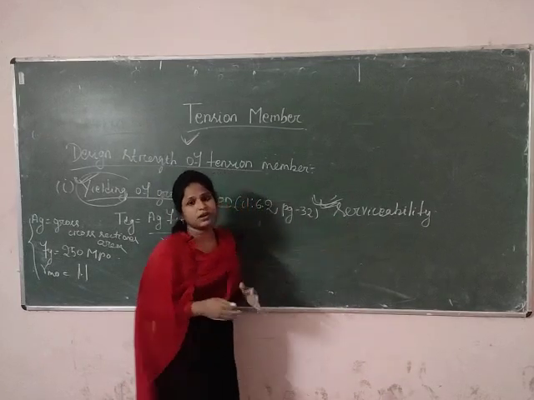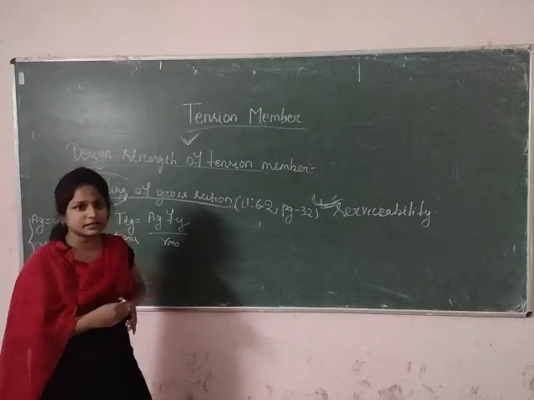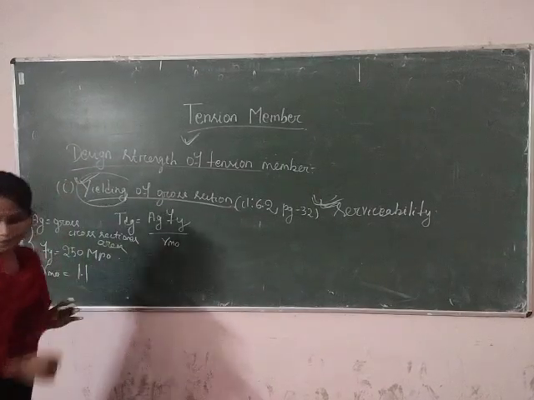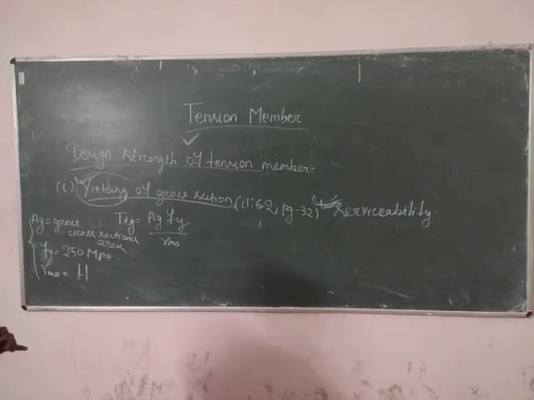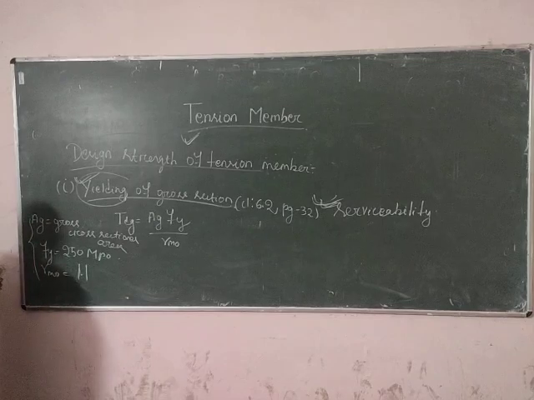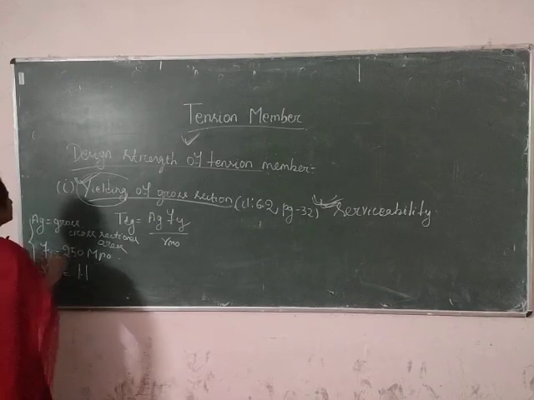That is why we have limited our design strength up to the yield strength. So, from this point of view, we have to calculate the yielding of the gross section.